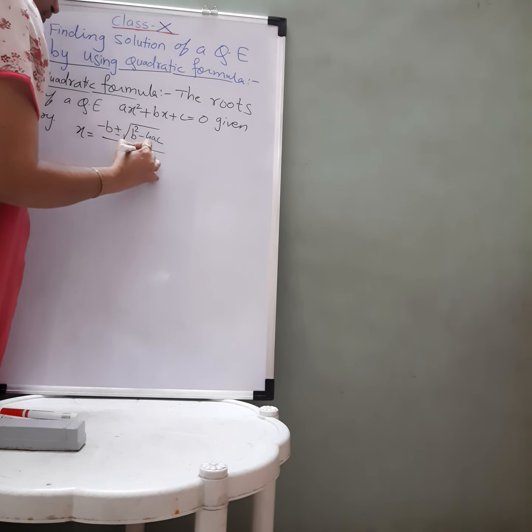This under root of b square minus 4ac is called the discriminant, and we denote it as capital D. You can find the roots of the equation only if b square minus 4ac is greater than or equal to 0.